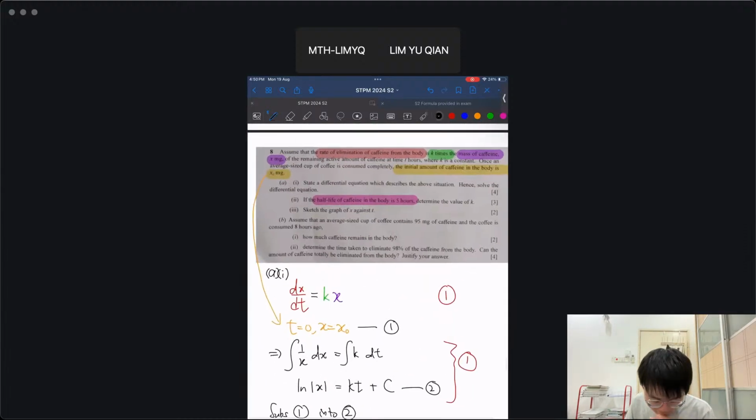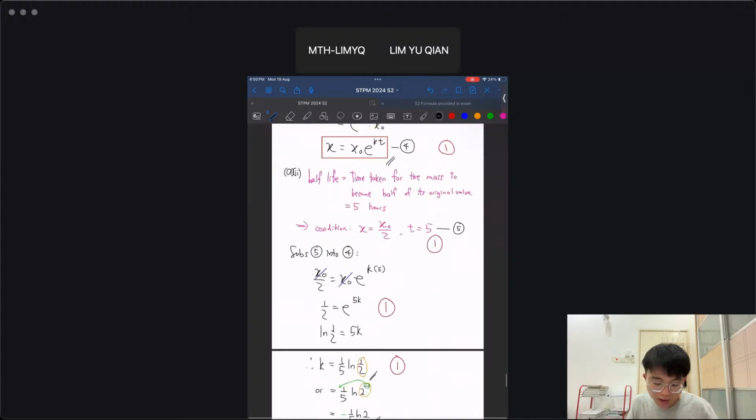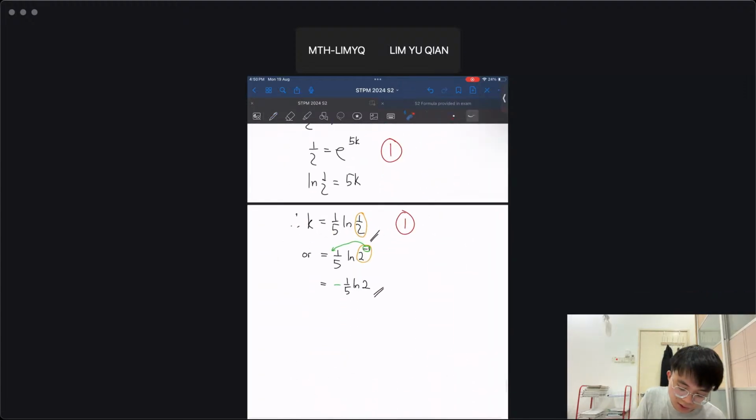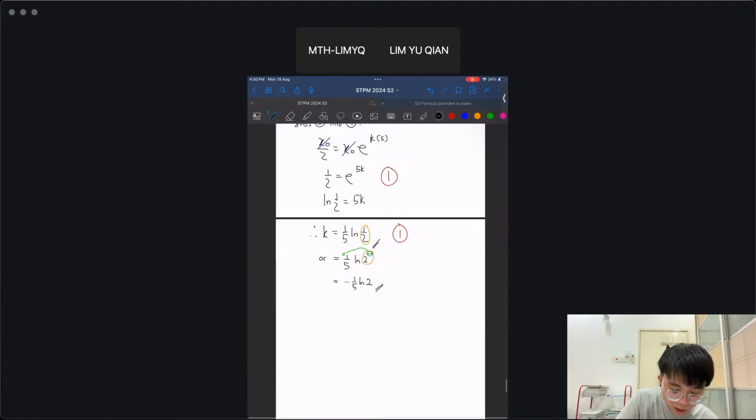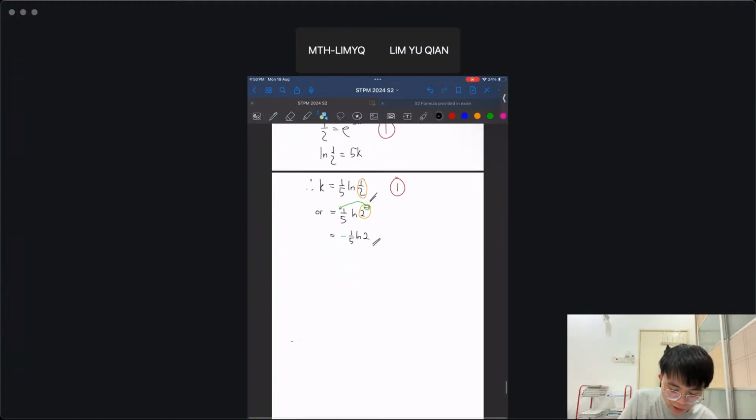Okay, let's sketch the graph of x against t. The reason why I say you are better to do like this is because the negative will tell you the behavior of the graph. Because ln 2 is positive value. If you put 1 over 5 and then ln 1 over 2, some of you will not recognize that this graph is actually decay.